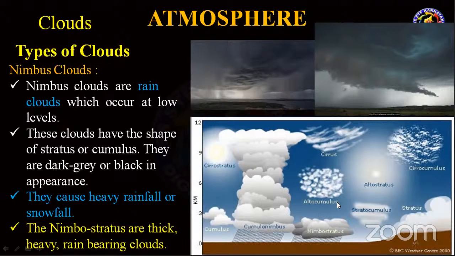Here you will get confusion. Therefore, the remaining types of clouds you will study in the higher class. If you take geography in PUC or at degree level, or in science also, you might study that.